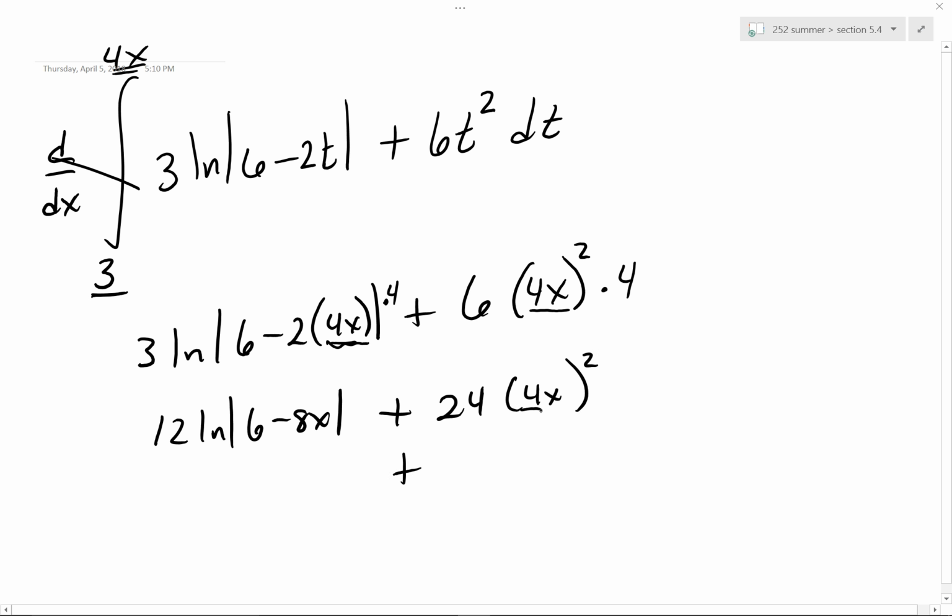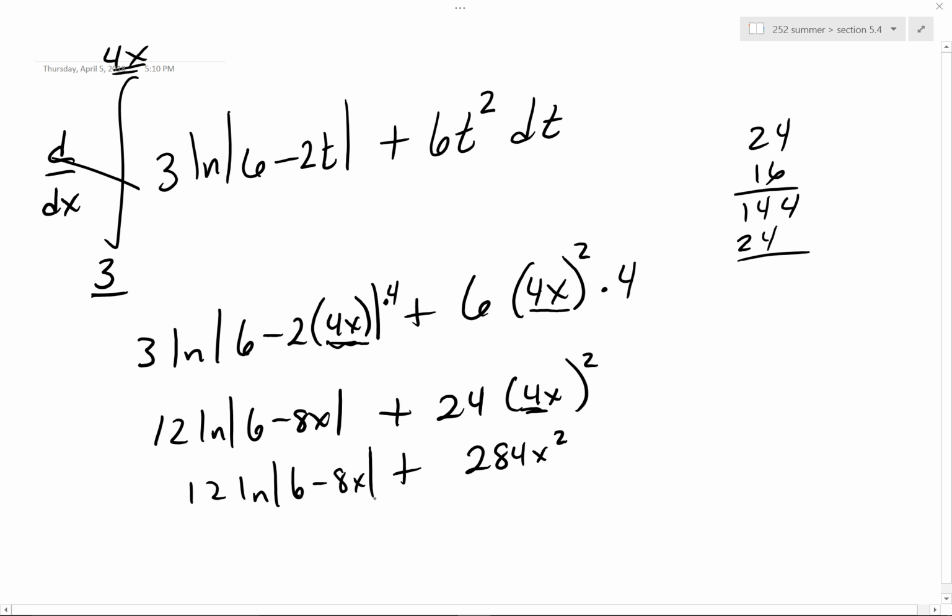Which, of course, that's 16. What is 16 times 24 today? 24 carried 2, 144. That makes sense. Sure. 384. I'd buy that for a nickel, I think. And there you have it.